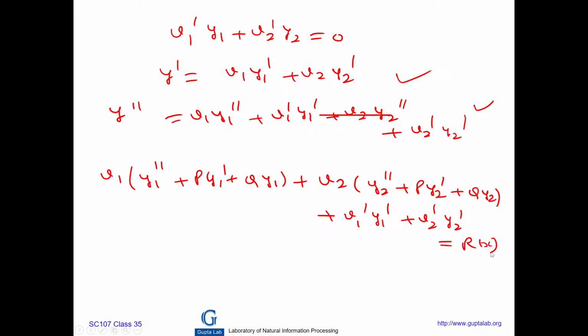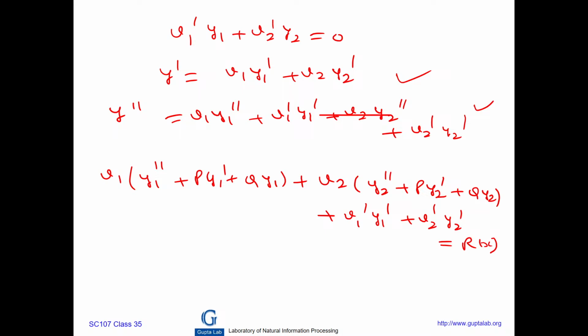After substituting the value of y prime and the value of y double prime into equation 1, which is the non-homogeneous equation, rearranging, taking the v1 and v2 common, and the rest of the things is equal to this, right? Now what happens to this? Since y1 is a solution of the homogeneous equation, this will be 0, right?